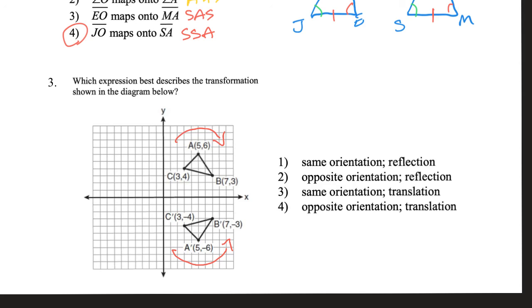So that tells me that I can automatically get rid of same orientation. So that's 1 and 3. So the only two that are left are opposite rotation and then a reflection happened, or opposite rotation and a translation happened. Well, we know that if you have opposite orientation, a reflection happened. So it is choice number 2.